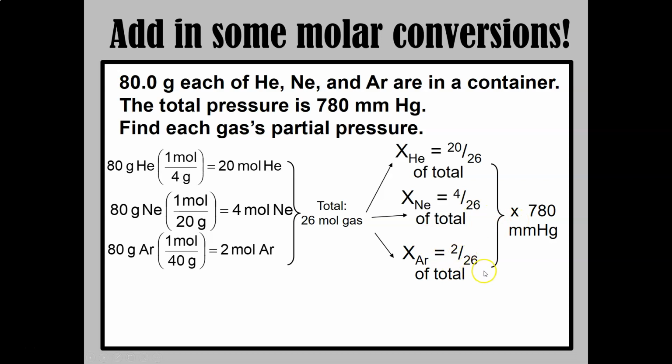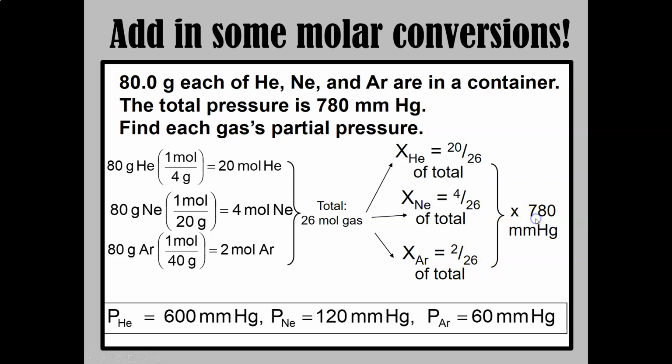And 2/26ths of 780 is 60. I find out most of the pressure is coming from the helium. I had the same number of grams, but the pressure that's being contributed is completely different, isn't it? Because the moles are different, which means there's way more particles of helium hitting the container than there are of neon or argon. Okay.